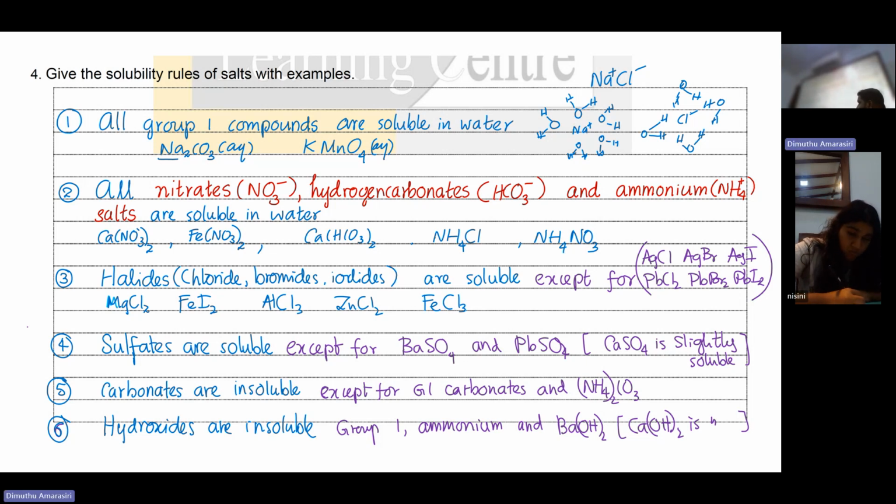So from 1 to 4, they are more towards soluble stuff, aren't they?